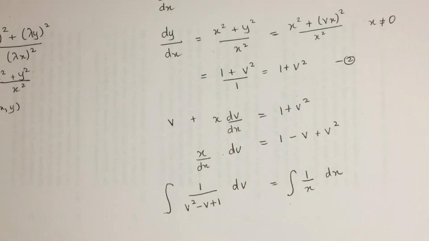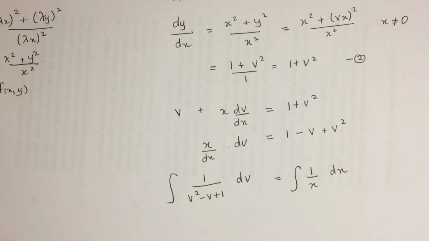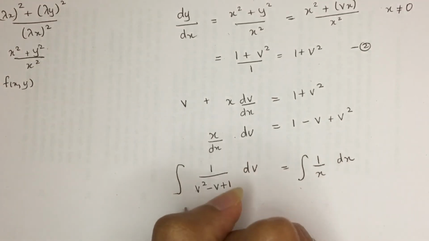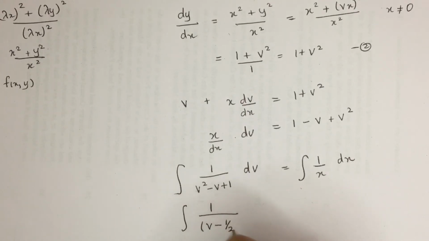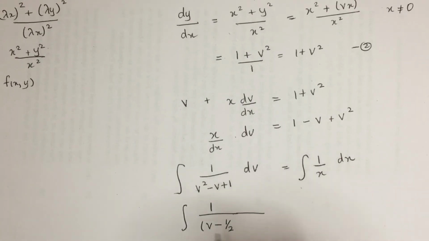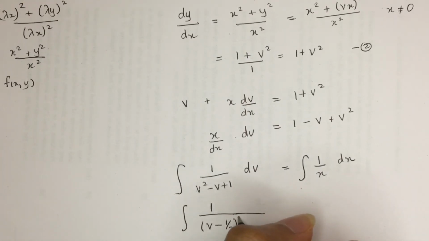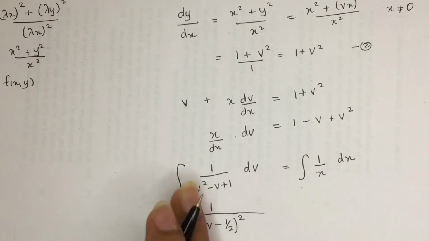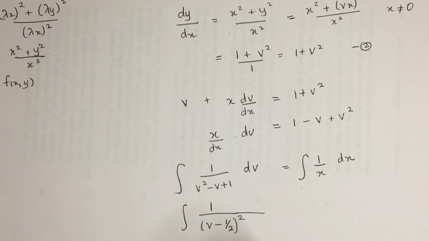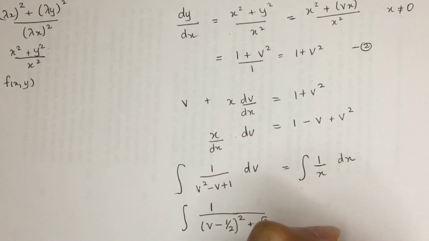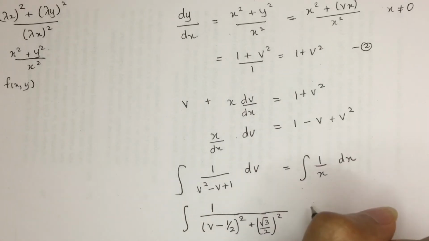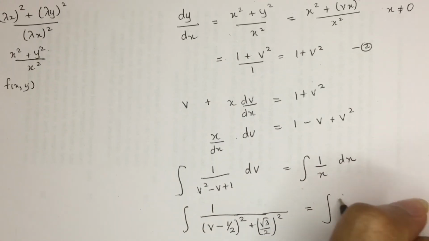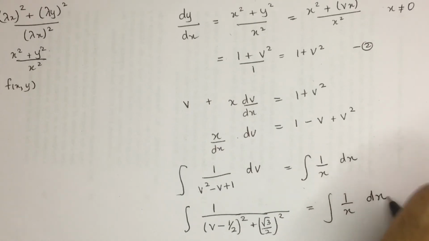So the next part is how we are going to integrate this. Actually we can write it like this: v minus half, sorry, it's not like this. This is (v minus half) squared, like this. It's going to be v squared minus v plus 1 by 4, and there is another part, root 3 by 2 whole squared, equals 1 over x dx.